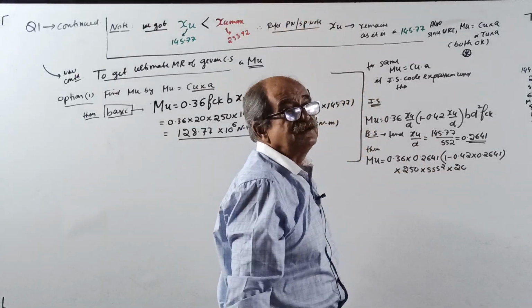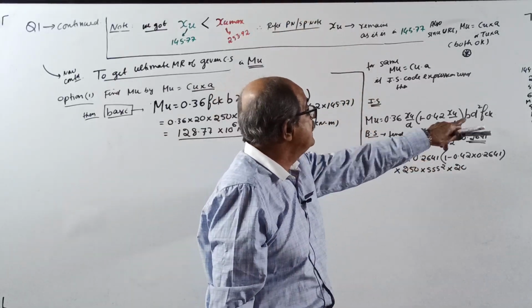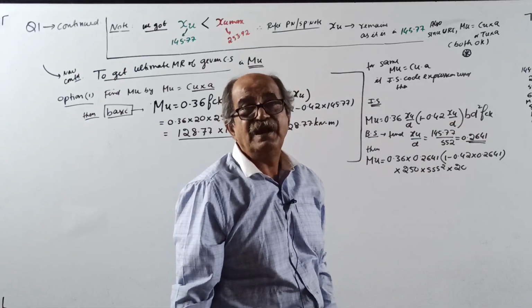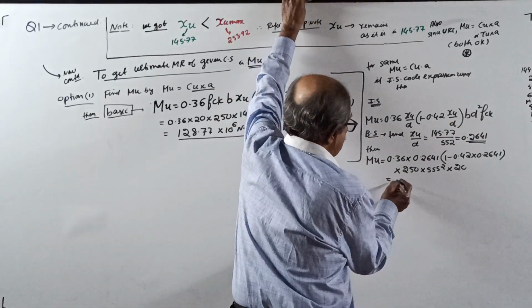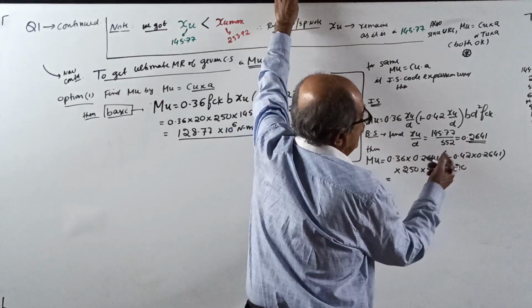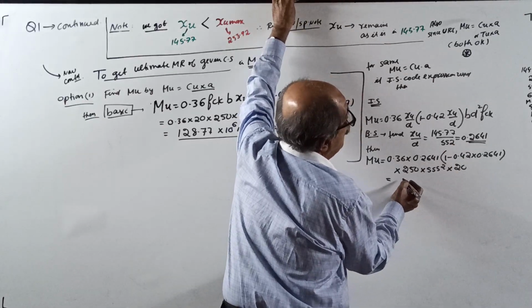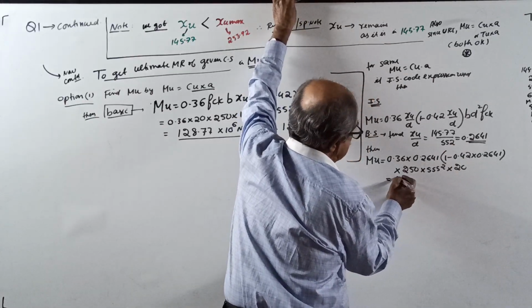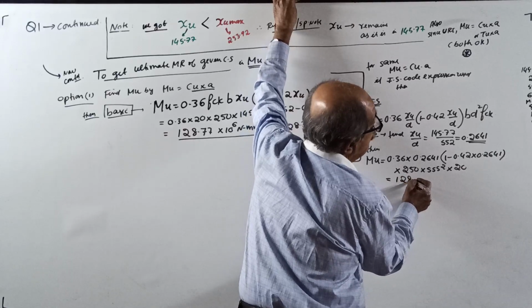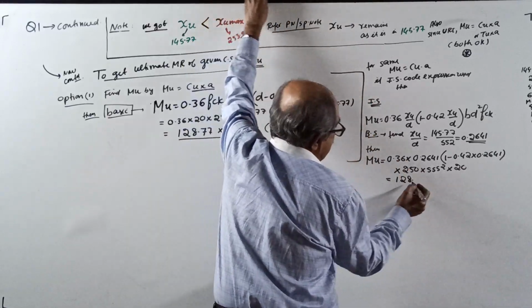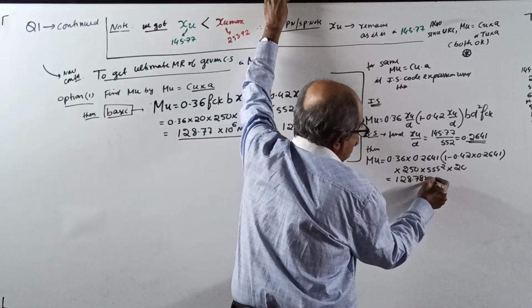In the design class for the batch, I will tell why the IS code wants it in the form of bd square. I calculated it, and it will come to 128.77 into 10 to the power 6.